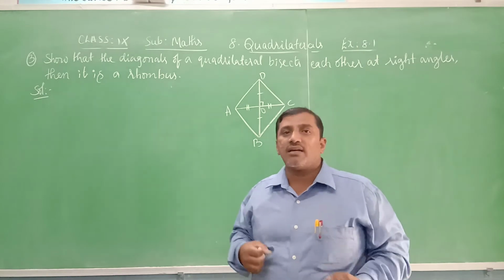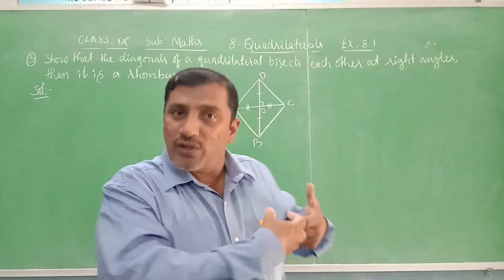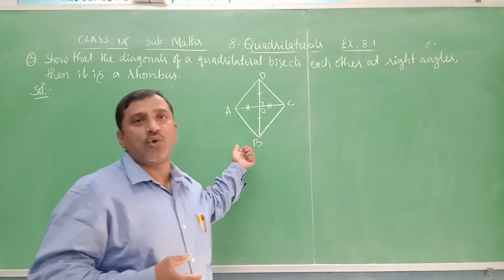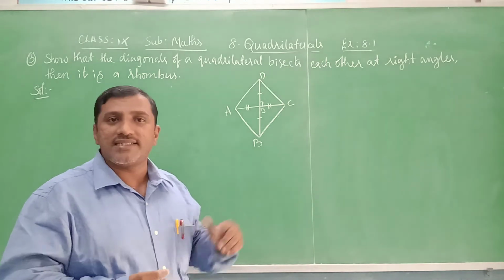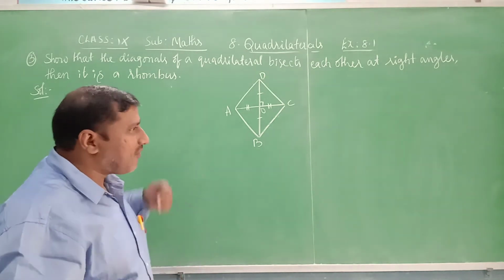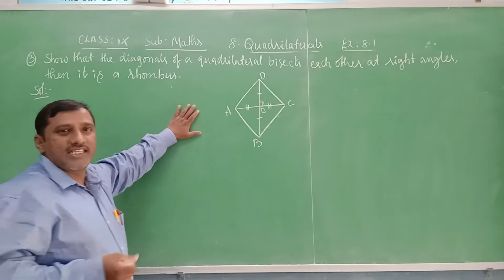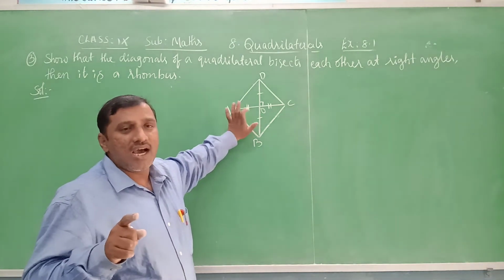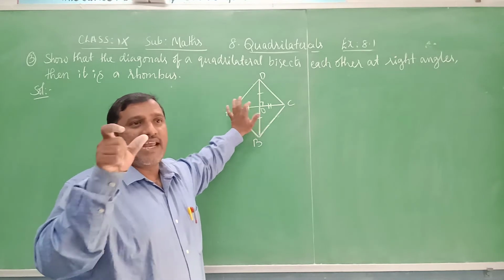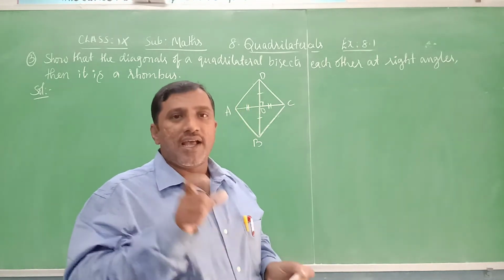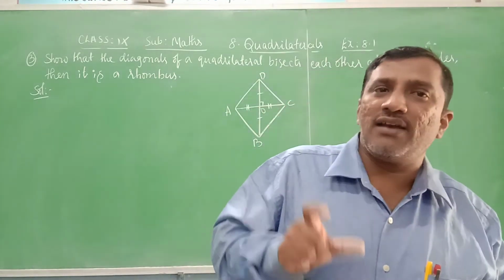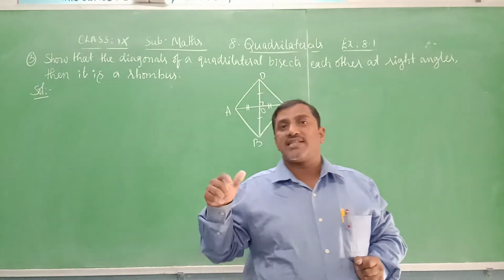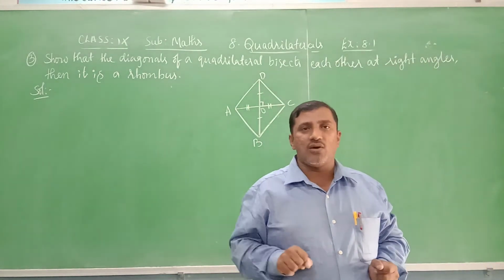From the properties of a rhombus we have studied, using this property also you can prove it is a rhombus. So we will prove using the second property of a rhombus. First of all we have to prove it is a parallelogram. A quadrilateral in which two pairs of opposite sides are parallel is a parallelogram.